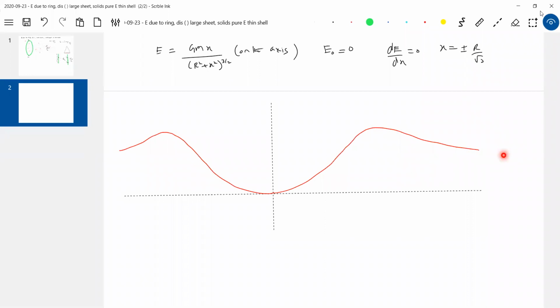It will be 0 at infinity, so you have to extend it till here. Here it attained the maximum. The distance will be R by root 2, and this is the maximum field.